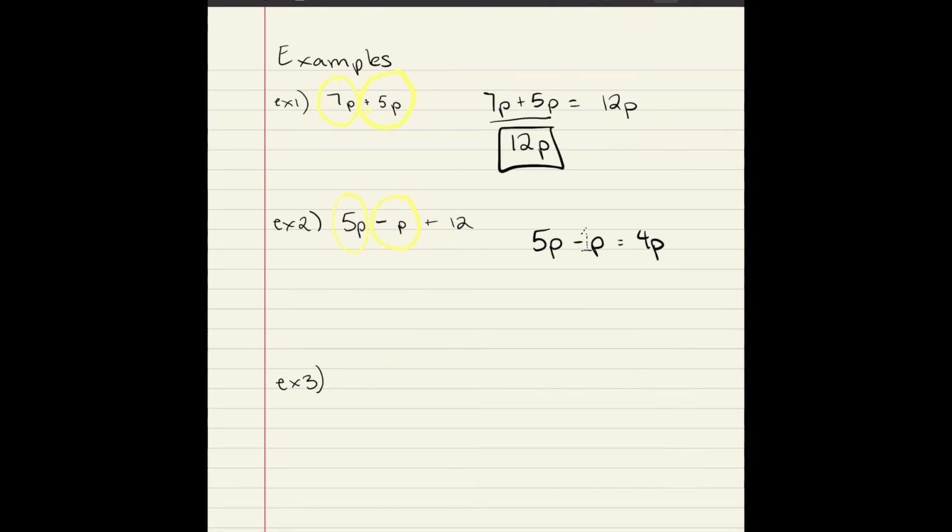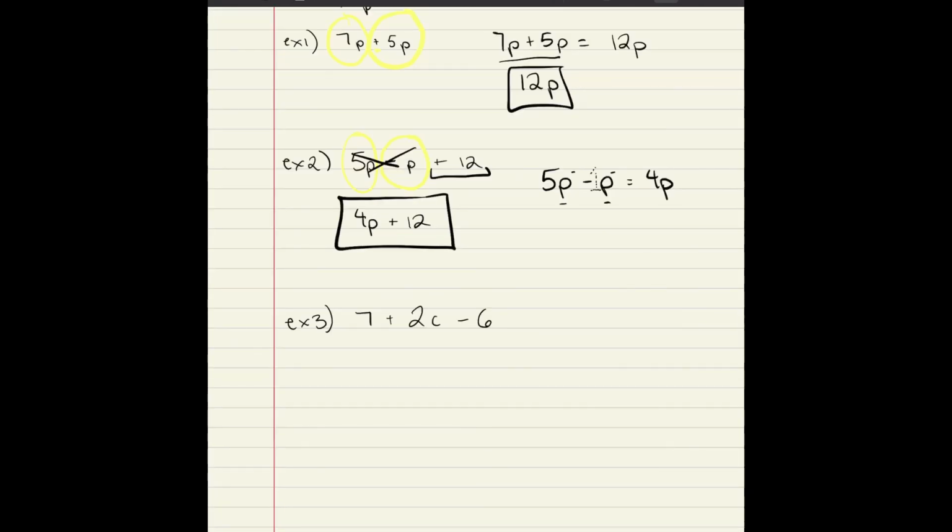That's why these are like terms: same variable and same exponent, which is none. But I'm not done here. My answer isn't 4p. I've combined my like terms, so I need to include the other term, which is plus 12. And that's your final answer.